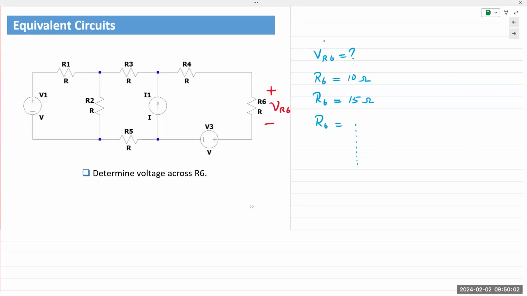And that voltage would remain constant, irrespective of the value of that component itself.